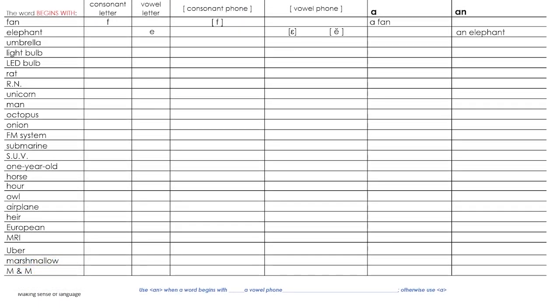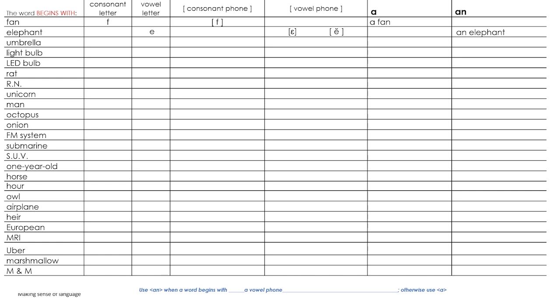So now you'll want to get out your chart where you can practice and work through the examples, looking at each word, decide, does that word begin with a consonant letter or a vowel letter? And then say the word out loud and feel in your mouth what's happening at the beginning. Is your mouth pronouncing a consonant or is it pronouncing a vowel?